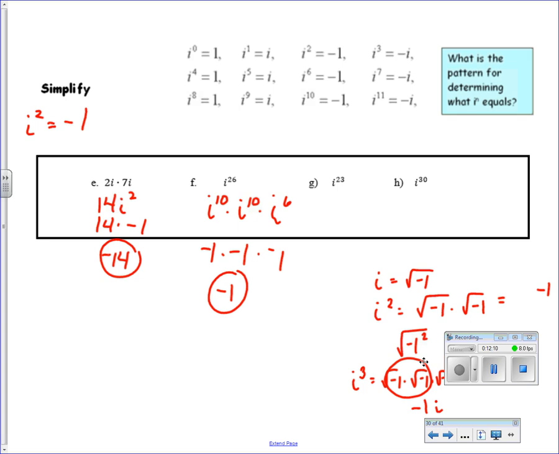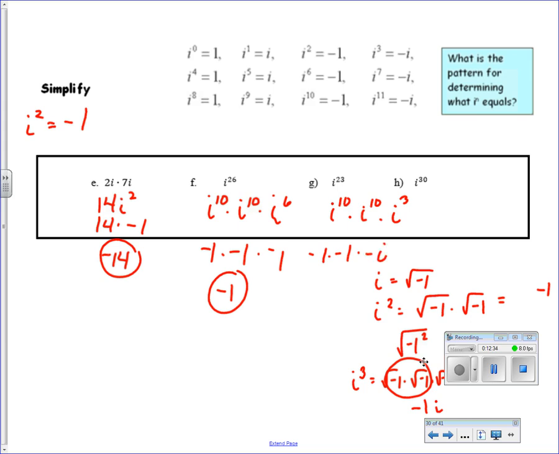So it's kind of weird. If we did i to the 23rd, what do you think we would do? How could we break that apart? Couldn't I do the same thing? Let's just do i to the 10th times i to the 10th times i to the 3rd. We already know this is -1 times -1. Now we have to figure out what i to the 3rd is, which is -i.